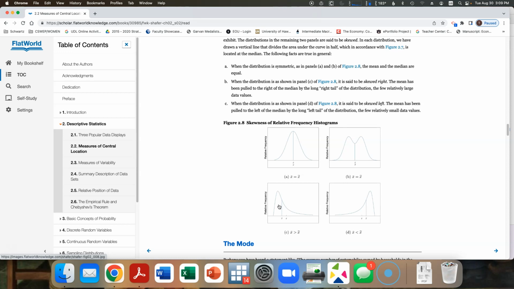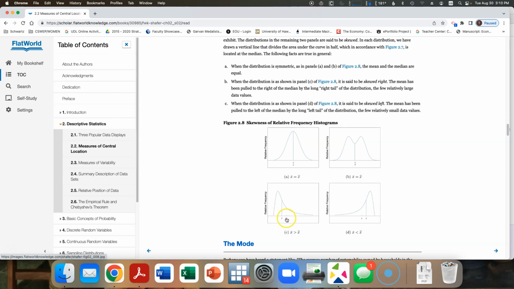Sorry, I need to rephrase this. In panel C, you've got a lot of scores. Most of your frequency is on the lower end of the scale. So this would be an exam where a lot of students did poorly. And if that's the case, then the mean score in general will be to the right of the median.